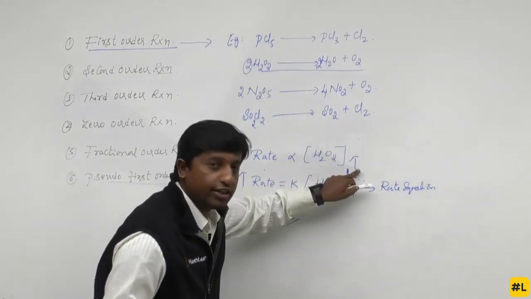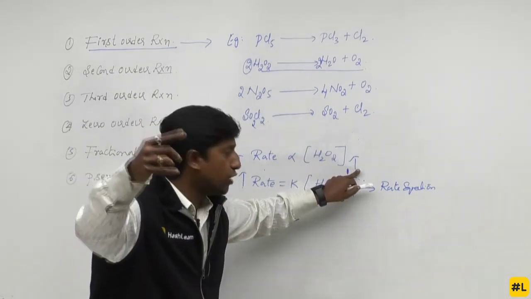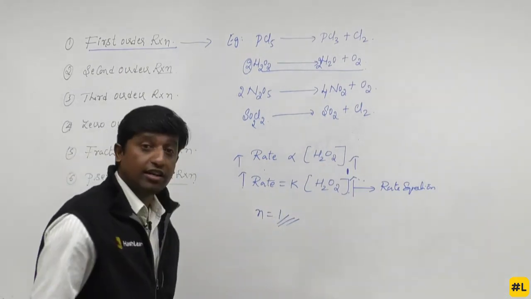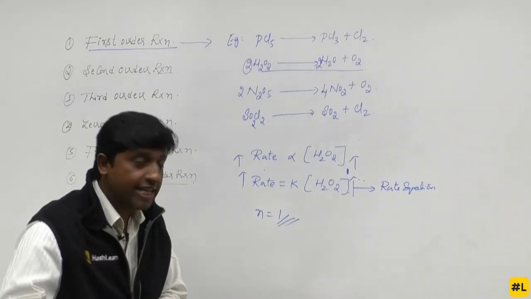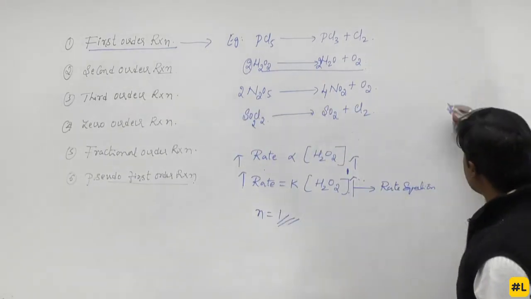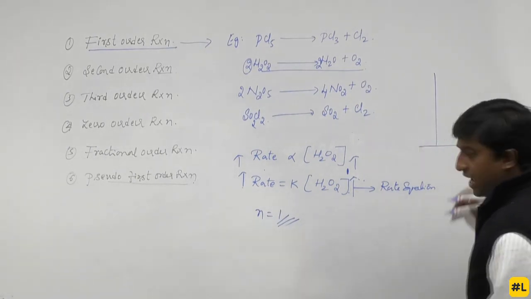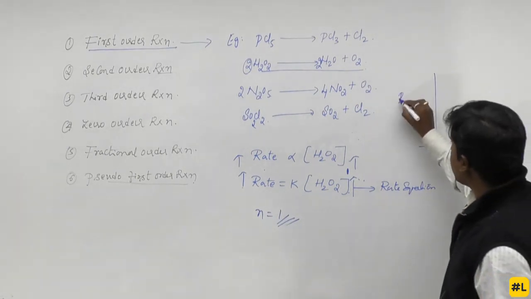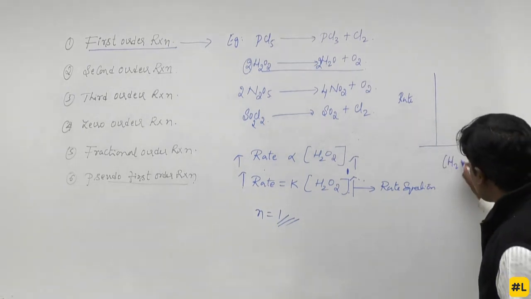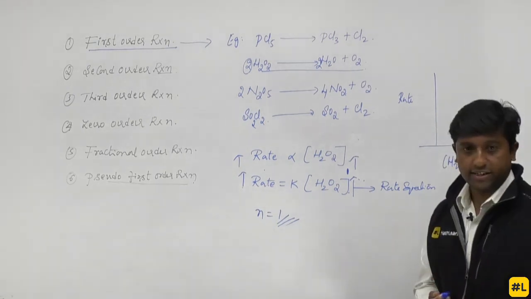If I increase it by one more time, the rate is simultaneously increasing by one more time, hence the order is 1. To make you understand this concept better, I will take the help of a graph. Students, let us assume that we are plotting a graph by taking rate along the y-axis and concentration of hydrogen peroxide along the x-axis.